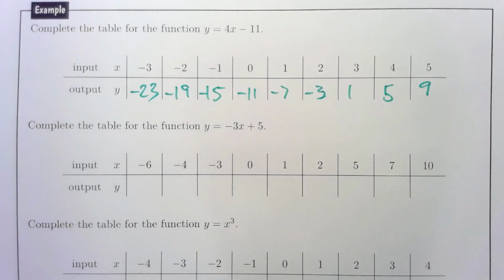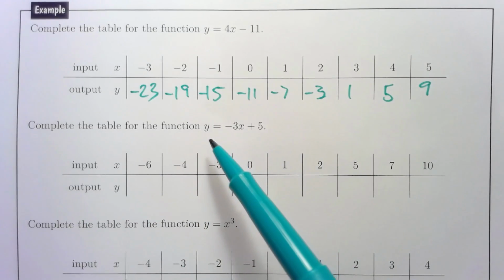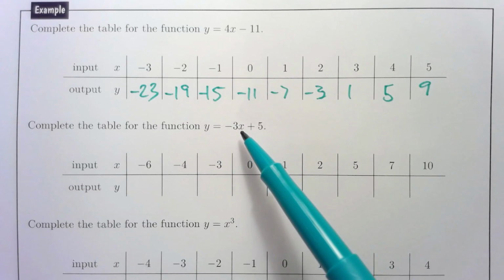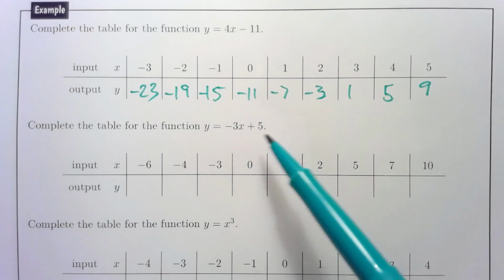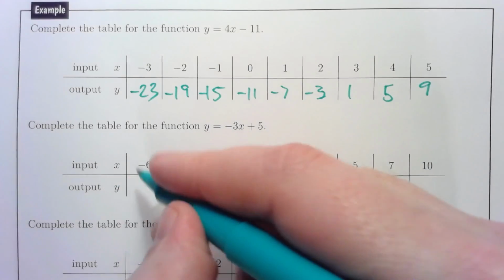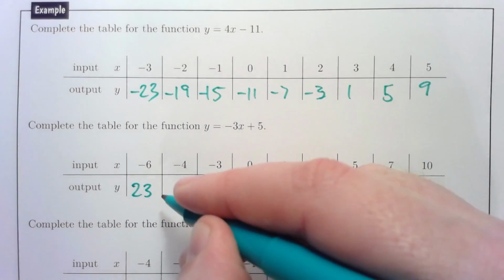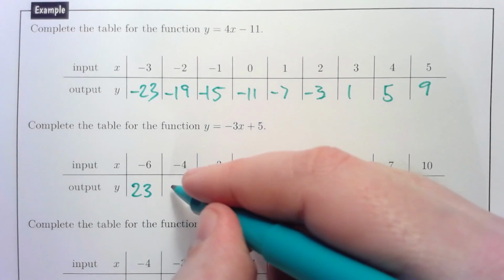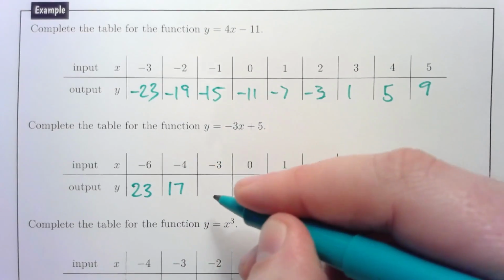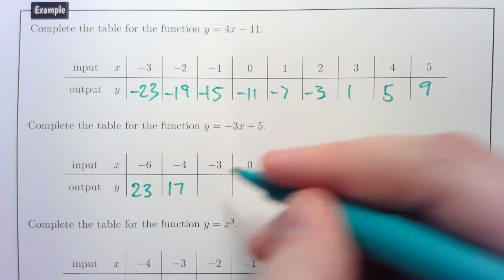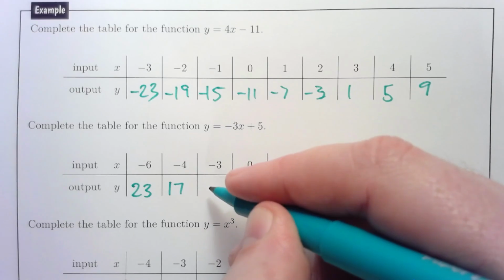Let's look at our next example. So y equals negative 3 times our input plus 5. So negative 3 times negative 6 would be 18, plus 5 is 23. Negative 3 times negative 4 is 12, plus 5 is 17. Negative 3 times negative 3 is 9, plus 5 is 14.